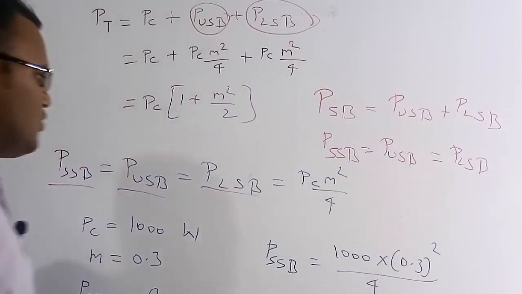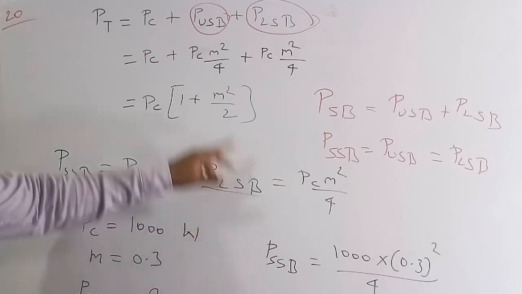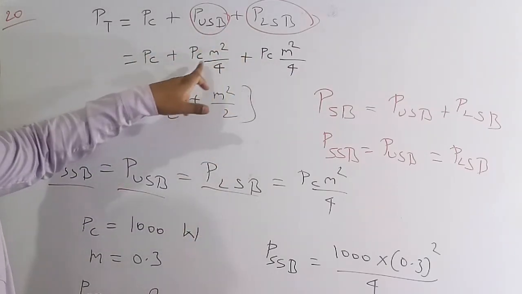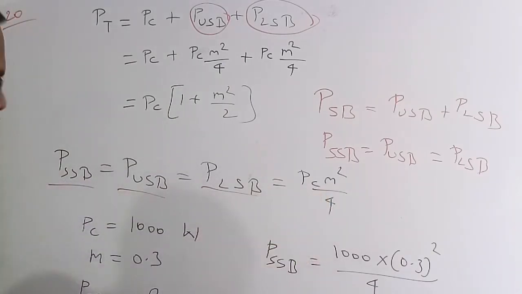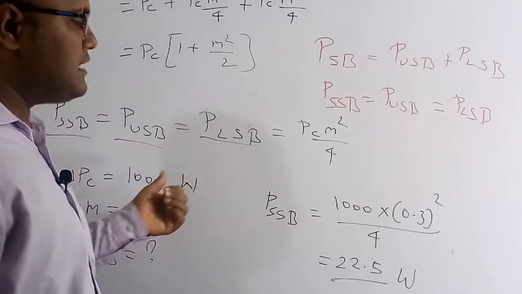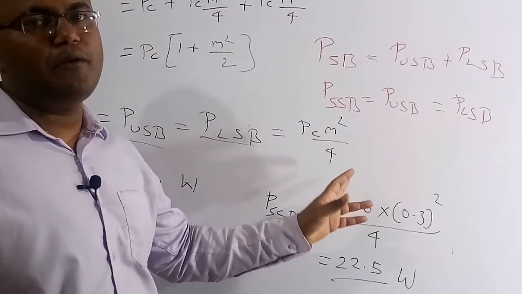So if you solve this one, we know the PUSB and PLSB equations are PC into m square by 4. In the question they have given PC equal to 1 kilowatt, which means 1000 watt, and the modulation index is 0.3. We need to find the power in the single sideband. This is the thing which we need to figure out. We know the basic equation: the single sideband power is nothing but PC into m square by 4.